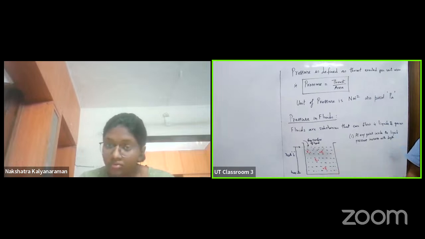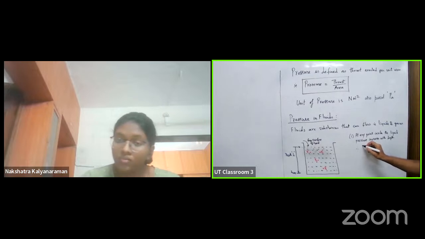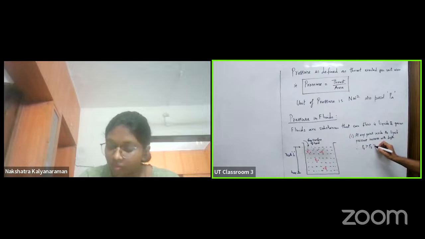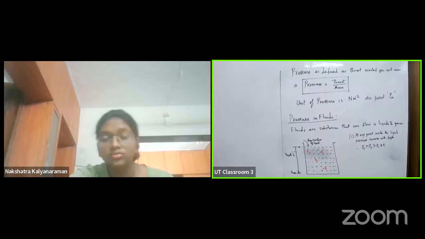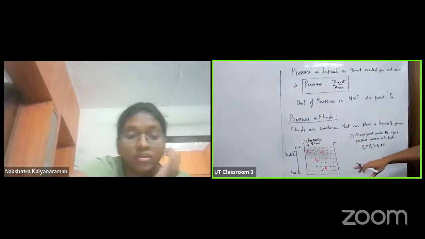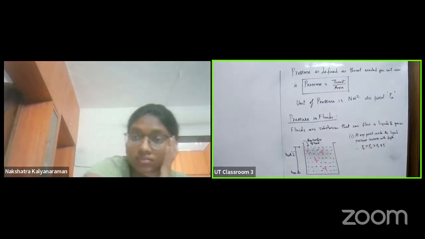At point P4, at the base. Among the shown points, it is maximum at P4. So P4 is greater than P3, greater than P2, and P1, because P4 is at a greater depth with respect to all other points.